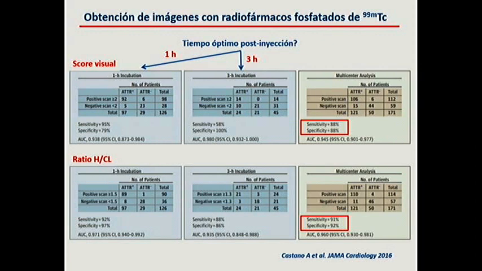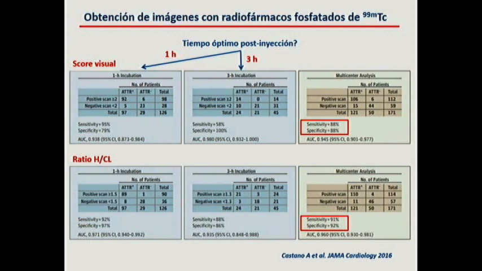If we take it at 3 hours, sensitivity goes down to 58, but specificity goes up to 100. So some people propose taking early images, late images. Some propose taking images 2 hours later, which would be something intermediate. But we need to take this into account.